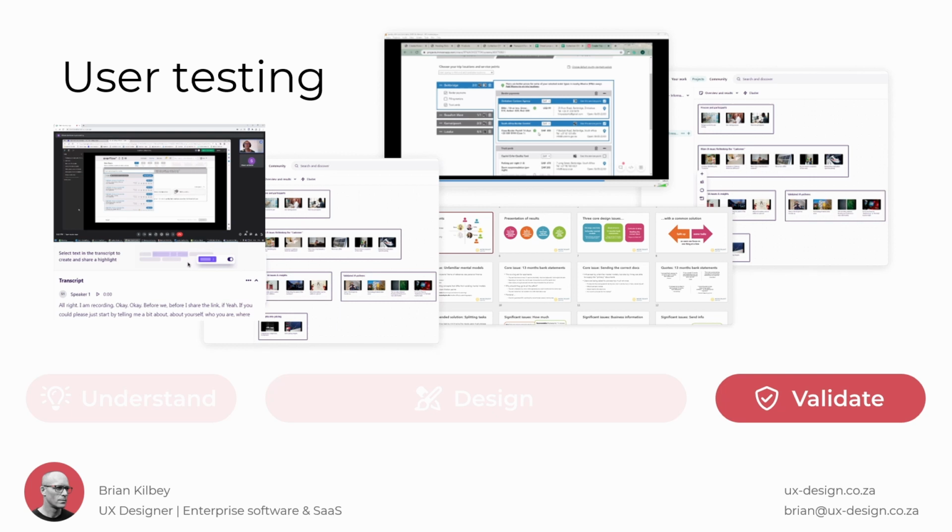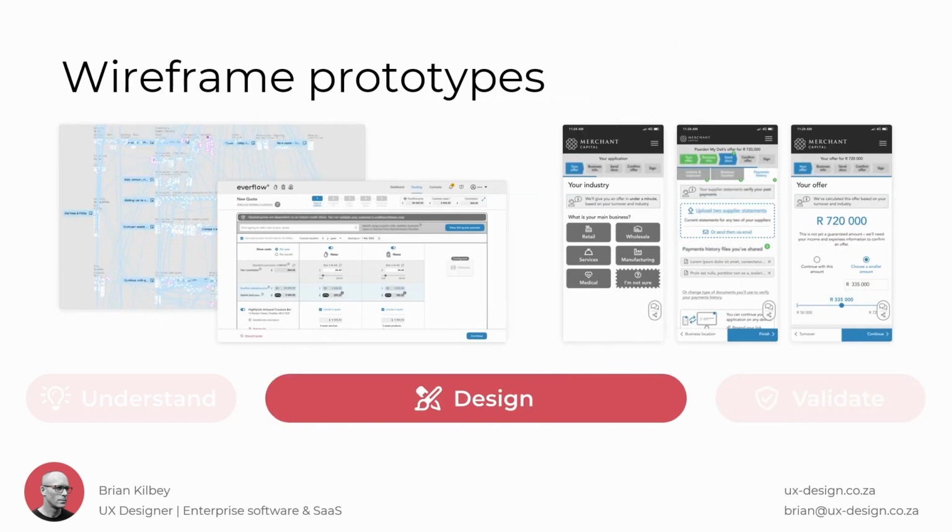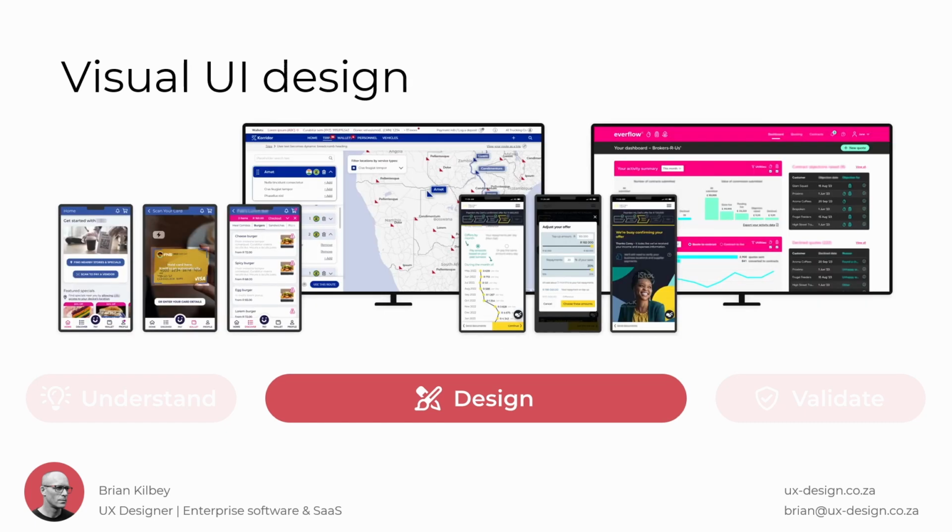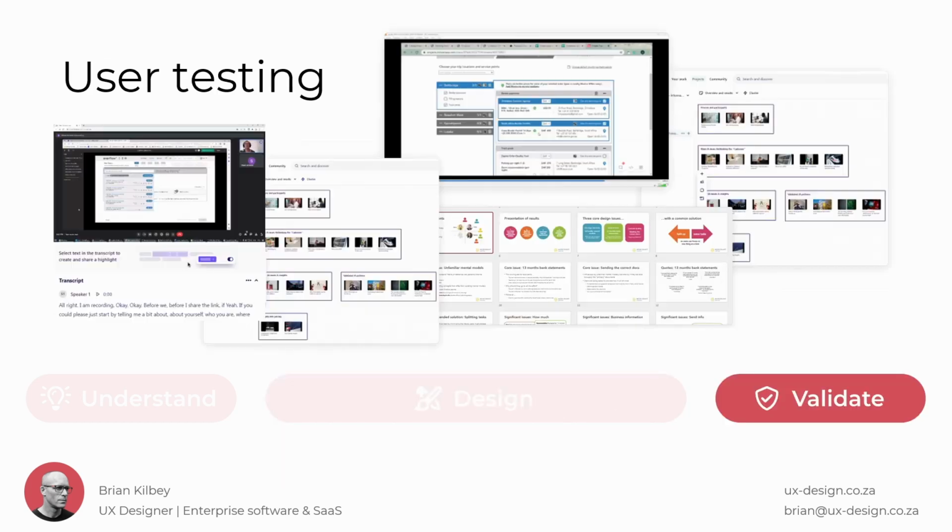And that's why we do user testing, because of that curse of knowledge. So this validate phase, as I mentioned, is not completely sequential. Usually then I'll go back to the wireframes and make the improvements or changes that come out of user testing, and once everything's sorted, then usually visual UI design goes to the end.